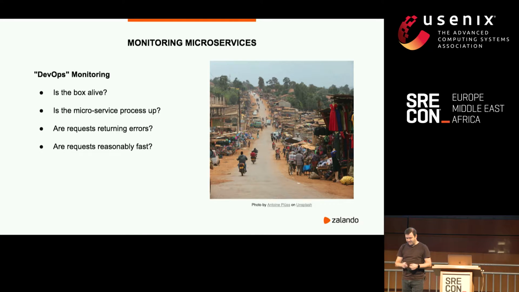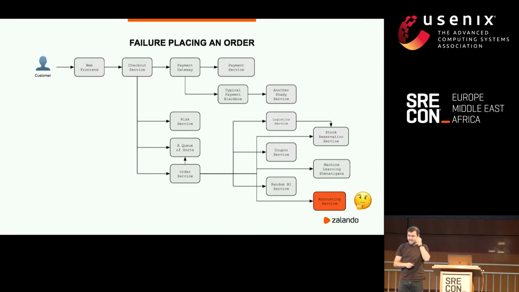What is the problem with these things? I'm very confident that all of you experience something like this. You work for this organization, you are the service owner of one of these things, and eventually this accounting service has an outage. What do you all think happens when the accounting service has an outage?